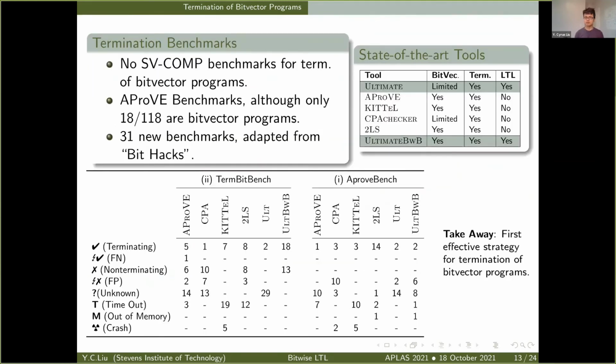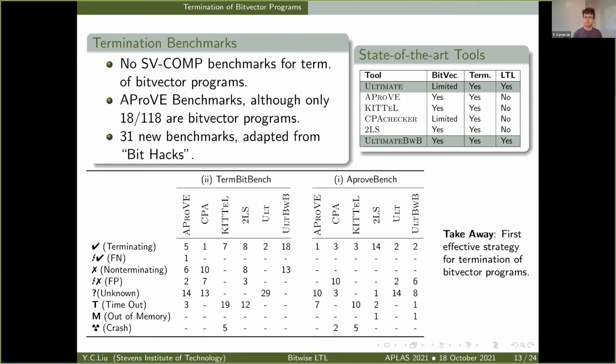We also did a wide experiment on our termination benchmarks for the Bitvector programs. We contribute a new set of TermBit benchmarks, and also compared with the results from the other state-of-the-art verification tools here.